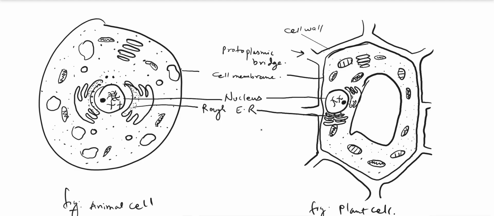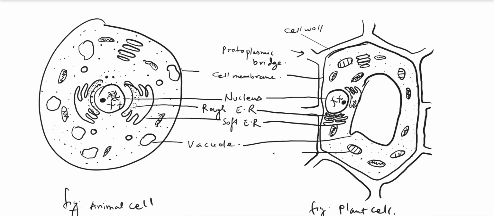This is rough endoplasmic reticulum, and this part is soft endoplasmic reticulum. This is vacuole. This is the only part that is found in plant cell, plastid. This part is mitochondria.